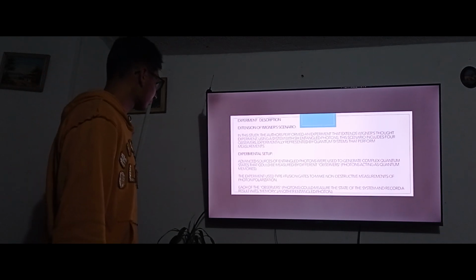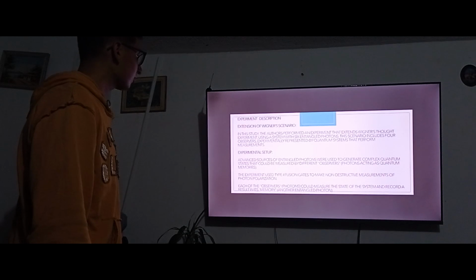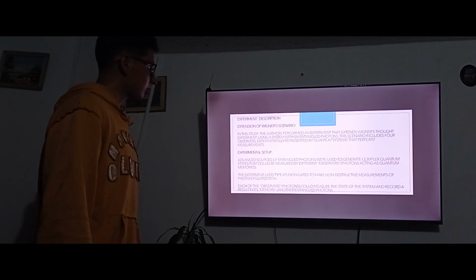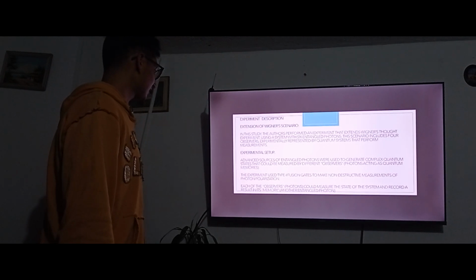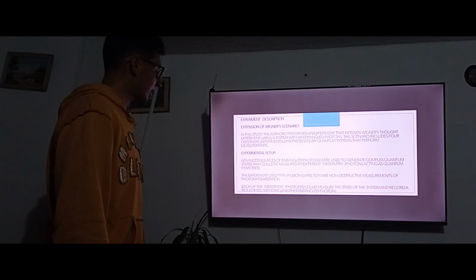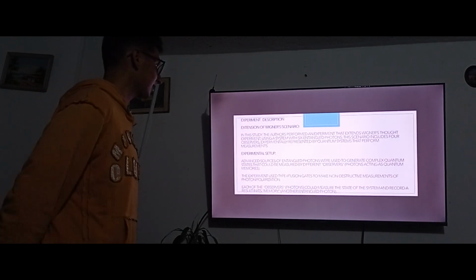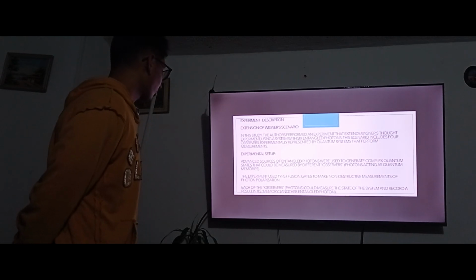Experimental setup. Advanced sources of entangled photons were used to generate complex quantum states that could be measured by different observers, with photons acting as quantum memories.